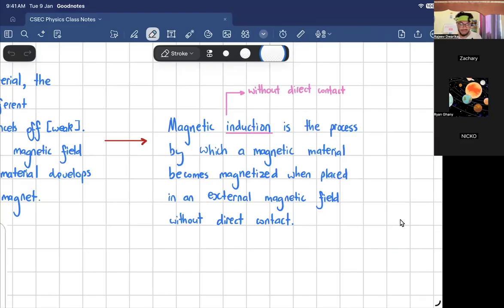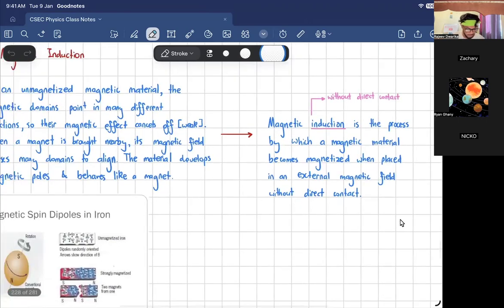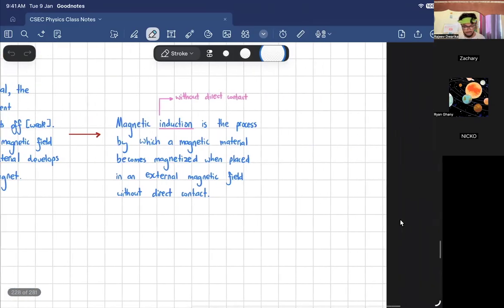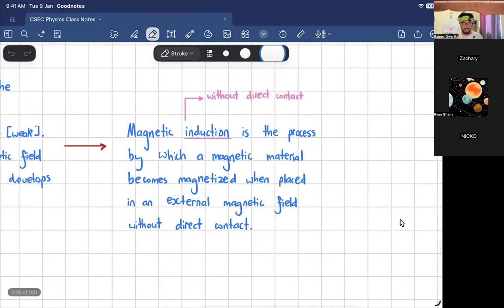And when you bring the magnetic field close by, the domains, the dipoles, they align. And that creates a temporary magnet. This was the whole explanation, right? Because when those domains align, it forms a magnet.